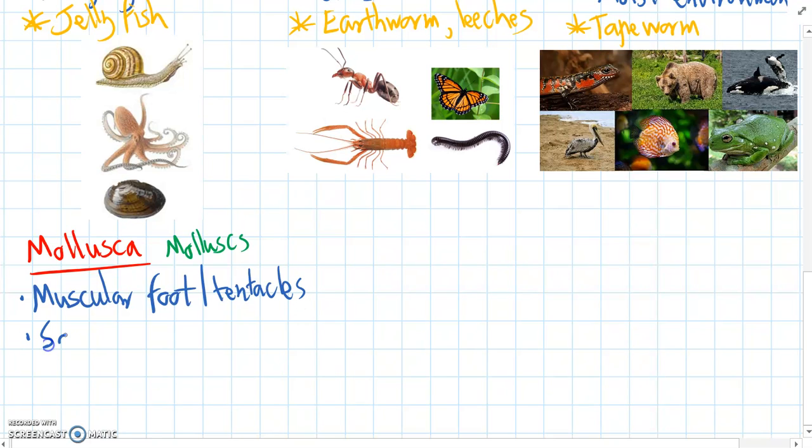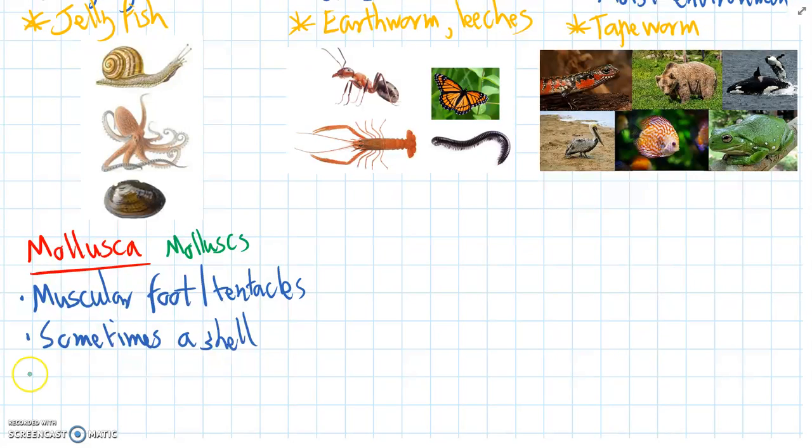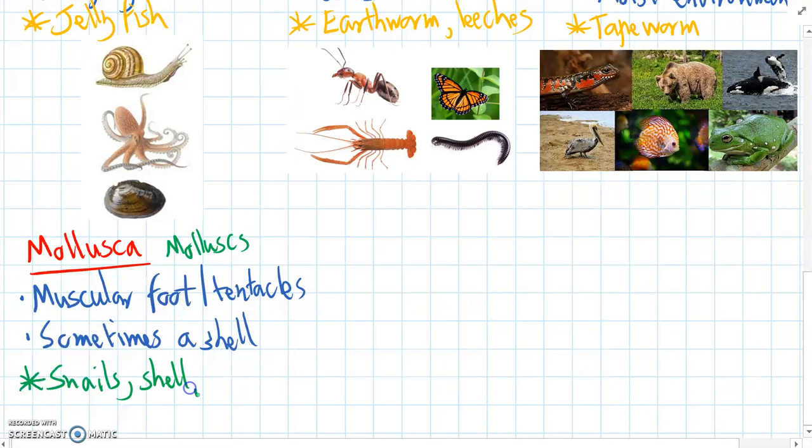And sometimes they have a shell, but not all mollusks have a shell. Lots of common mollusks we know live in the ocean or the garden. Things like snails and slugs, shellfish, and octopuses and squids, and cuttlefish. They're all mollusks.